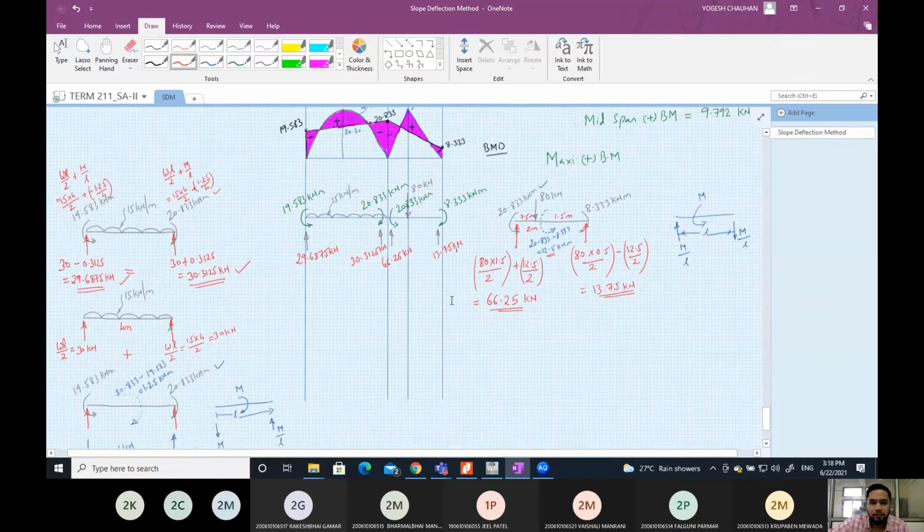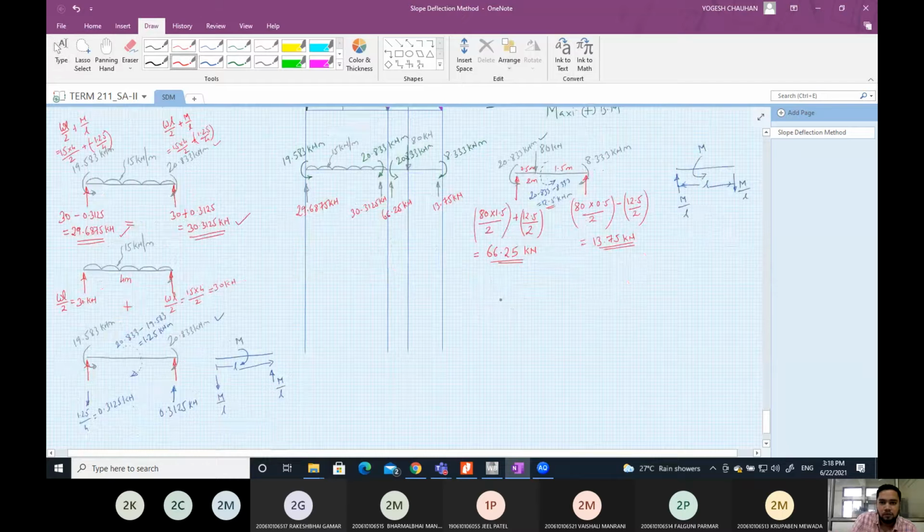For shear force diagram, let us draw the shear force diagram.